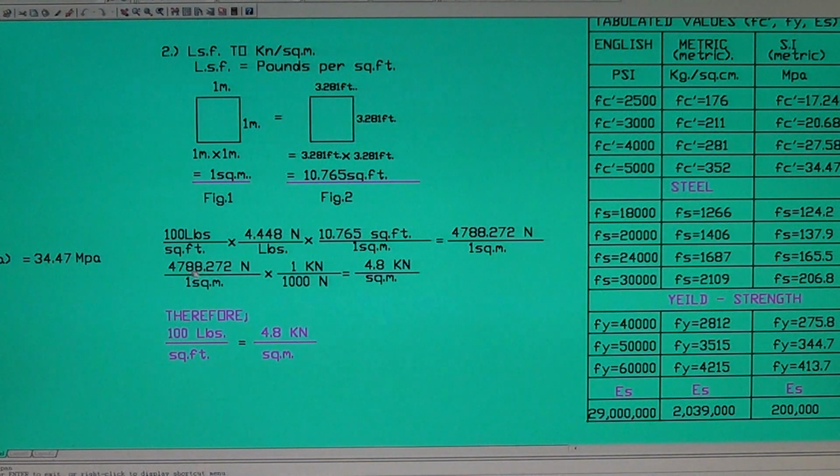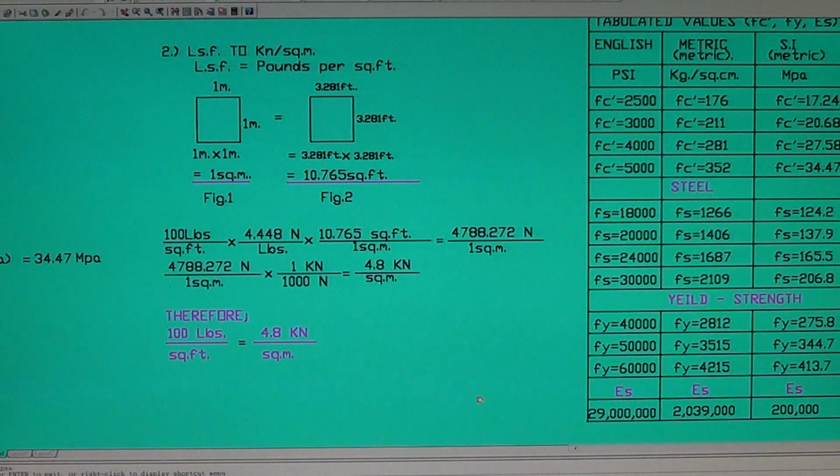So 1, 2, 3 is 4.788. You round it up to 4.8 kilonewton per square meter. So therefore the 100 pounds per square foot is equal to 4.8 kilonewton per square meter.